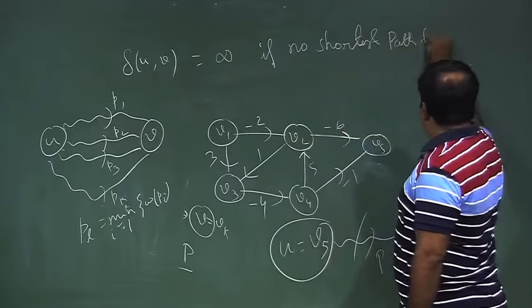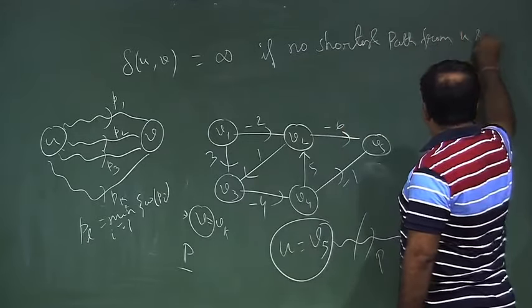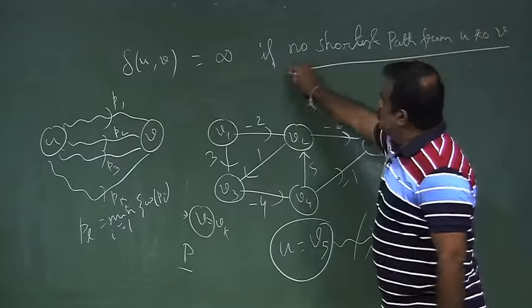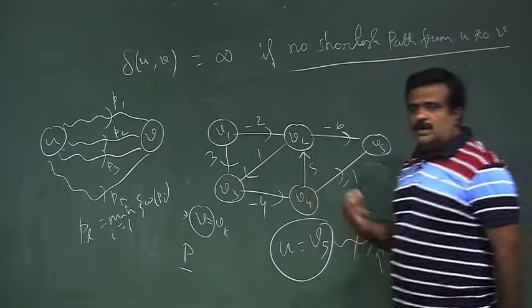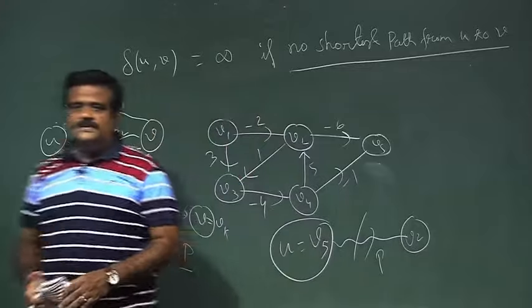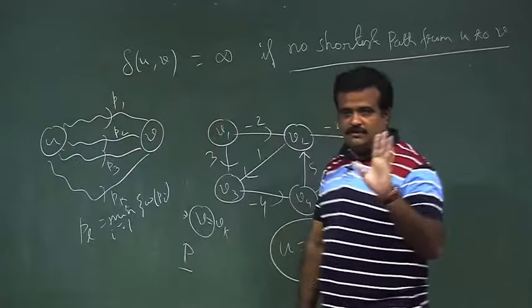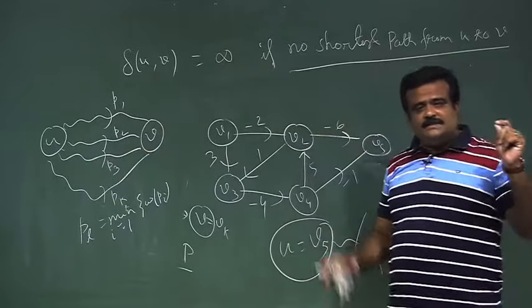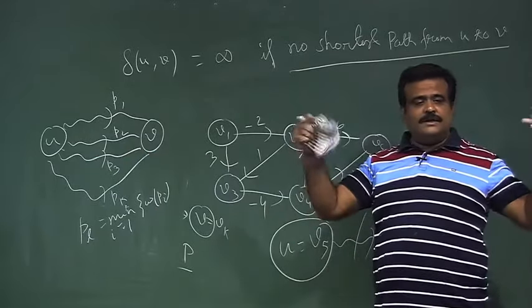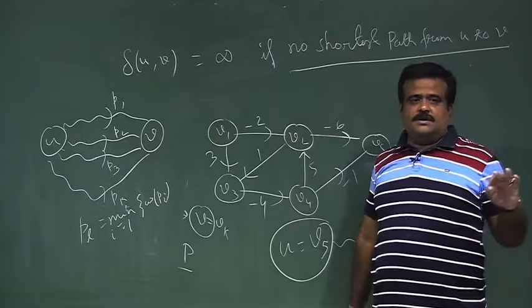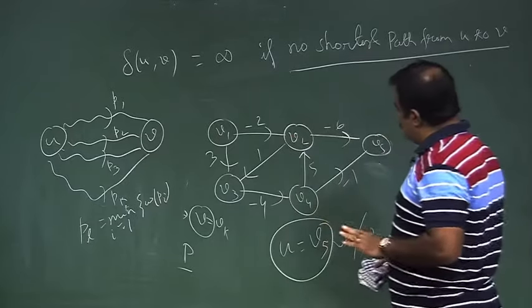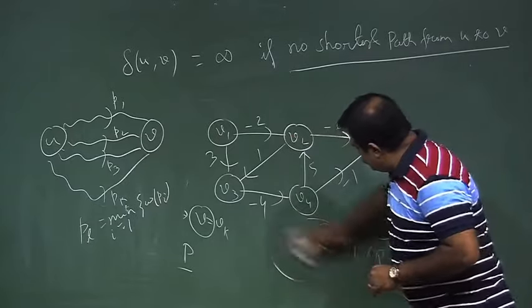No shortest path means one option we have seen, that there is no physical path from u to v, and there is another option, which is called a negative cycle. We will come to that. Even if there is a physical path from u to v, we may not have a shortest path. That we will discuss. So, let us take this example.